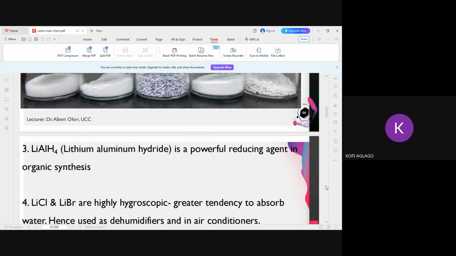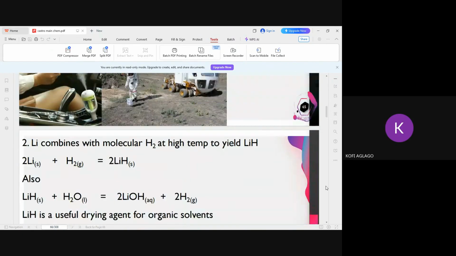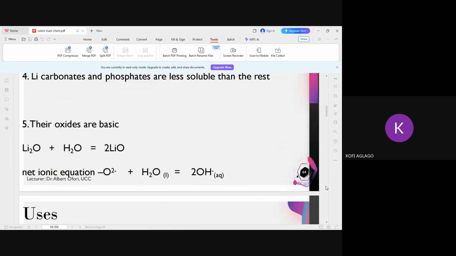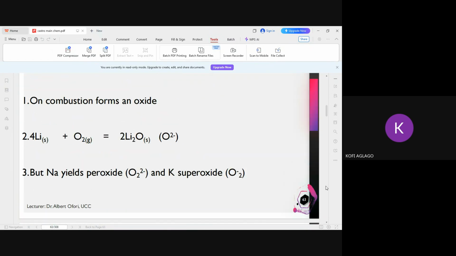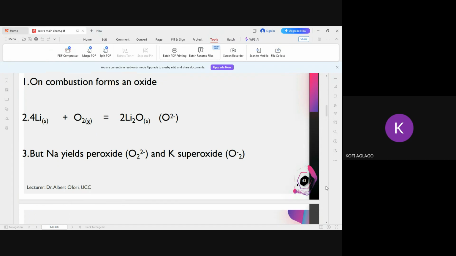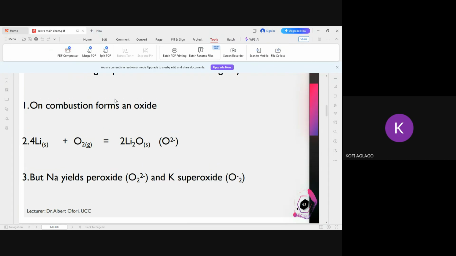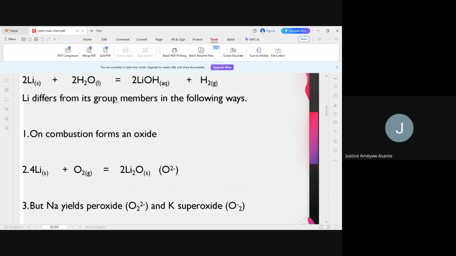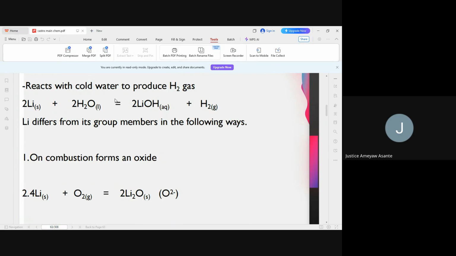Go back up. Yes, this one. This one is just what I've just explained. Look at this point: on combustion forms. Read this place.